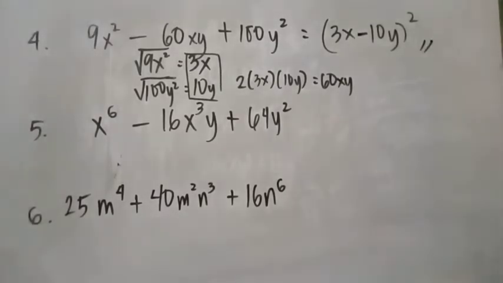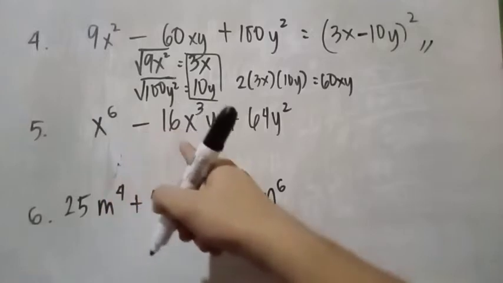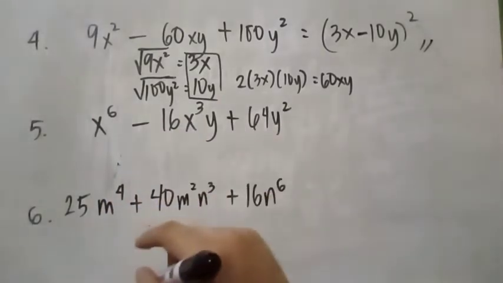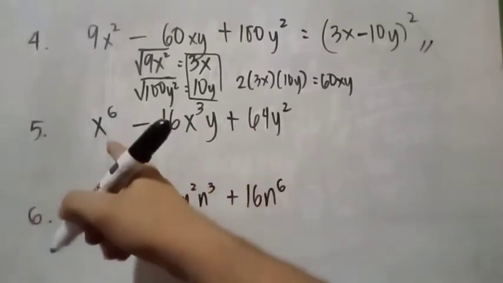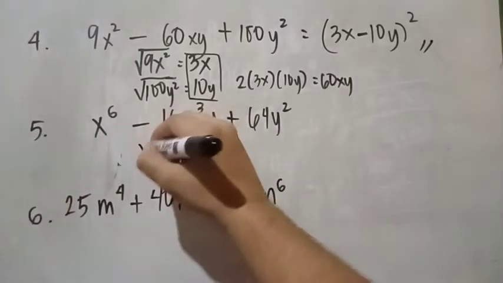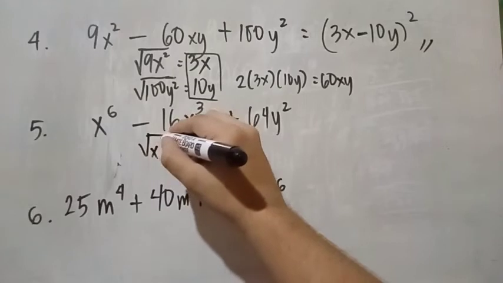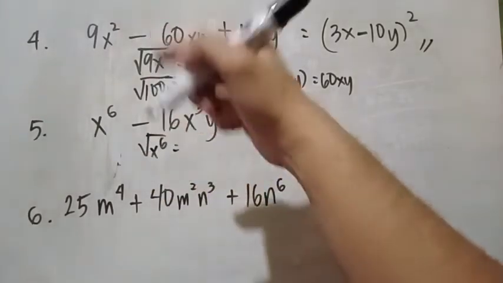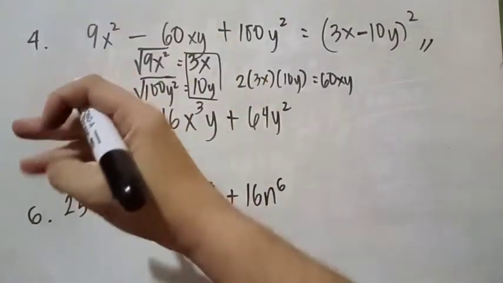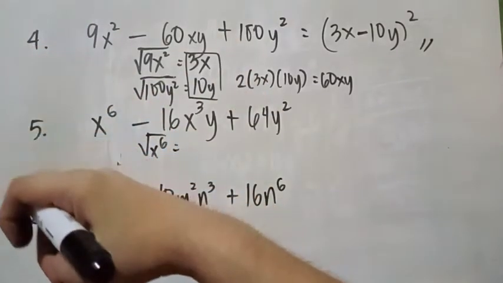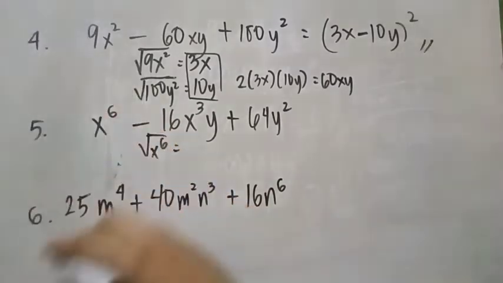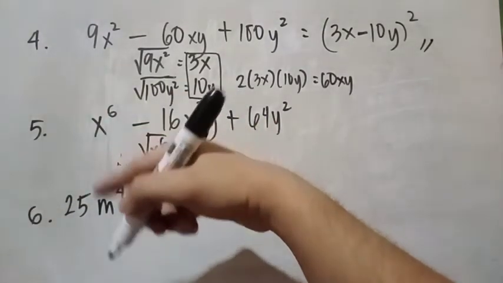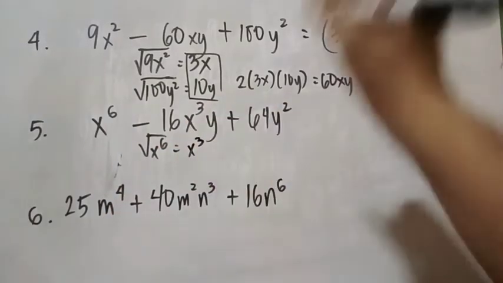Next, number 5. X to the 6th power minus 16x cubed y plus 64y squared. So, kunin natin square roots ng first at saka last terms. So, we have square root of x to the 6th power is 6 divided by 2. Remember, kapag kukuha ng square root, i-divide sa 2 yung exponent. Yun ay kung even to. Okay? So, square root of x to the 6th power is 6 divided by 2 is 3. So, x cubed.